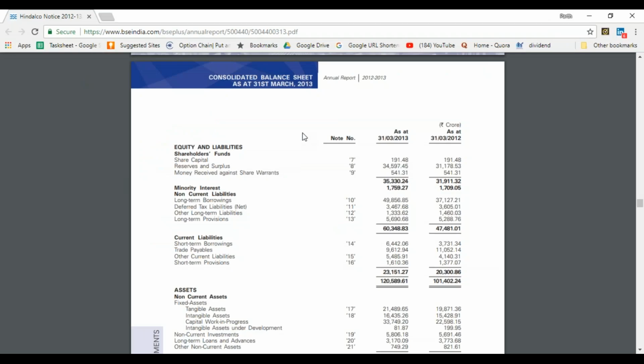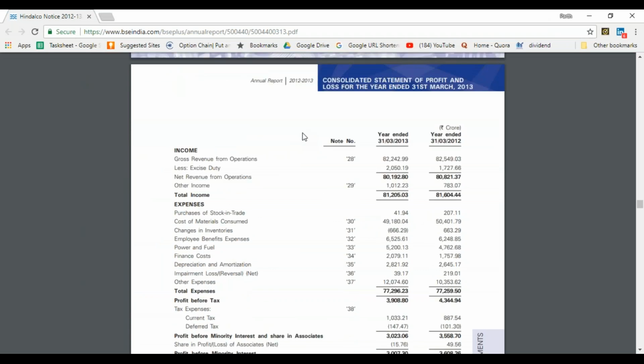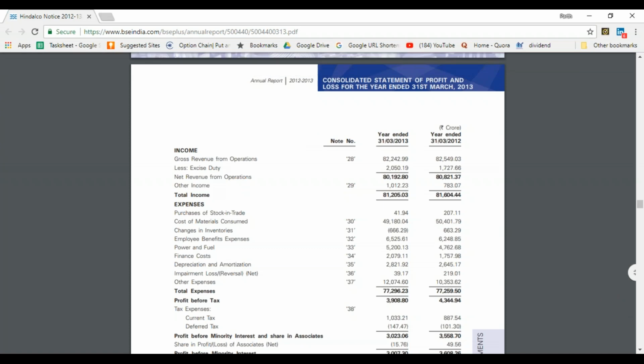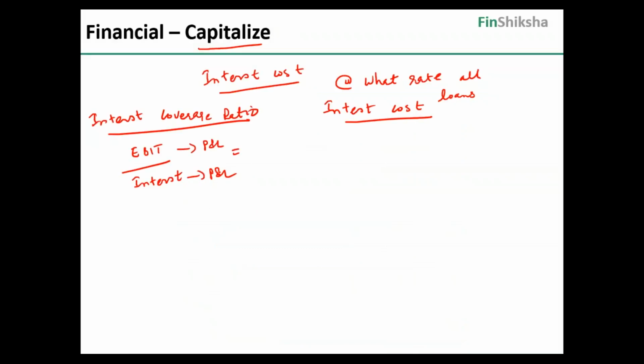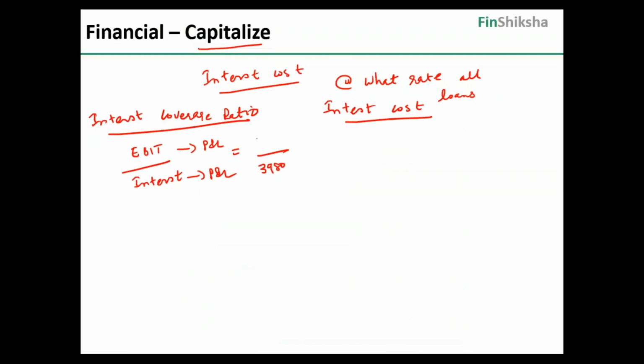My EBIT from the P&L statement for Hindalco, the 2013 annual report, is going to be, let's say, 3980 plus 2000. EBIT is earnings before interest and tax. They have not calculated it, so let's keep that part aside and understand the interest cost.